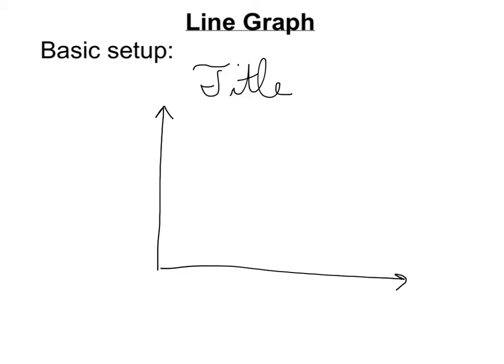Along the vertical axis, we should see a label. So as we go up and down, what's really going up and down? And also, along the horizontal axis, we should see a label.